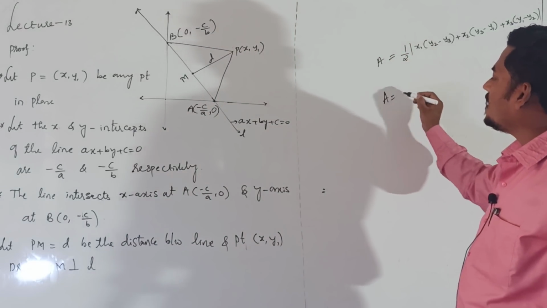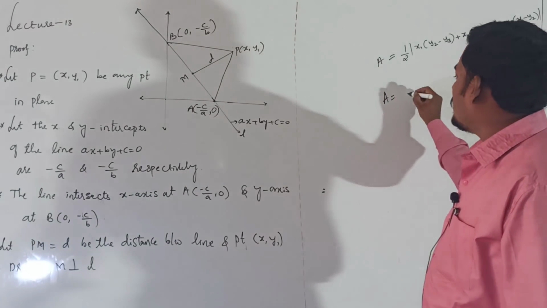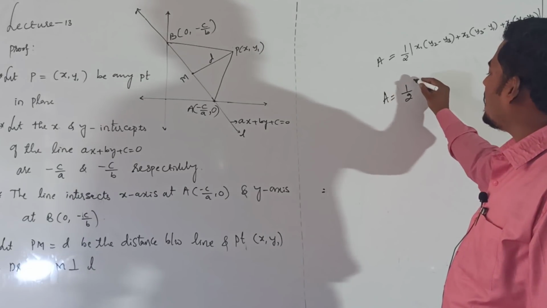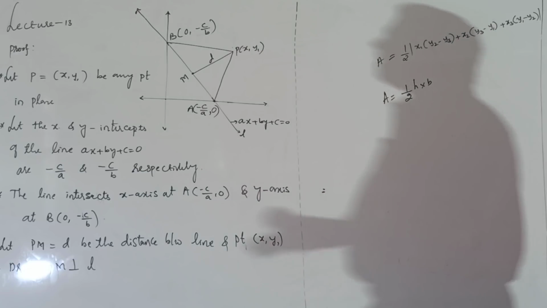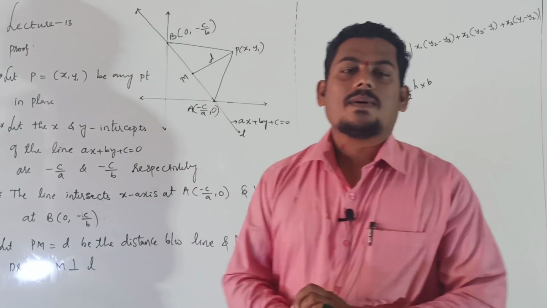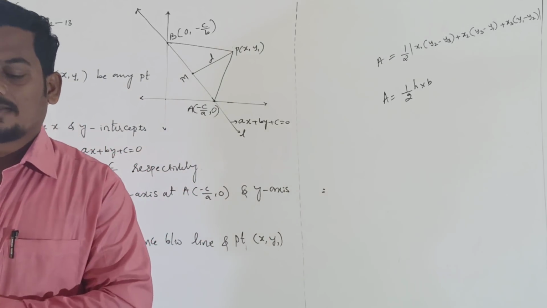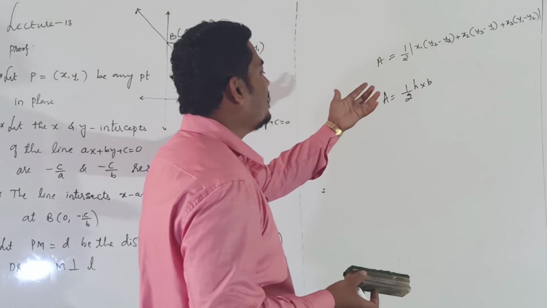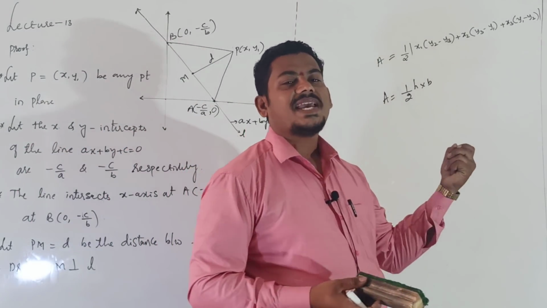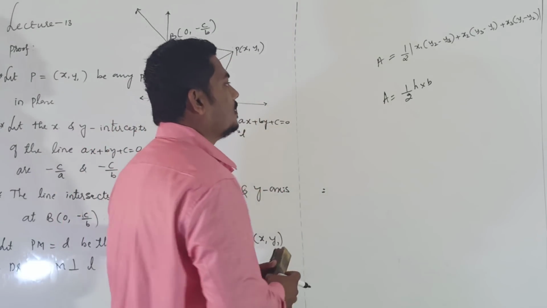And one more possibility, in general formula, is 1 by 2 times height into base. Means we shall find the area of the triangle APB in two ways, right? By using vertices is one method, by using base and height of the triangle is another method.